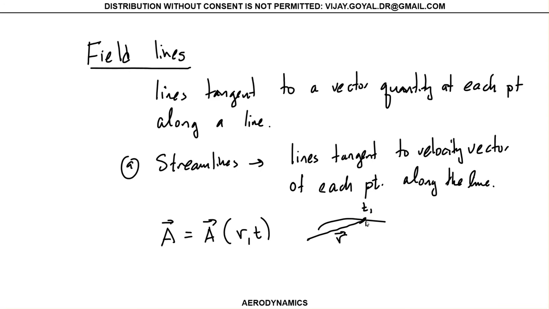Now, there's a small vector ds that's crossing that line here that passes through this. Just give me a second. Let me redraw this.